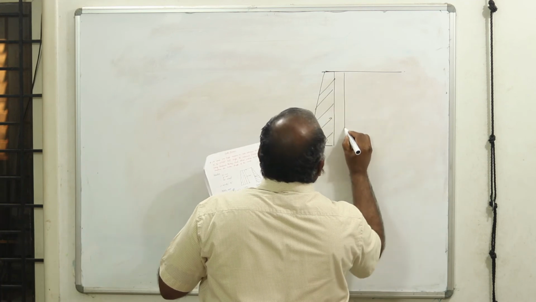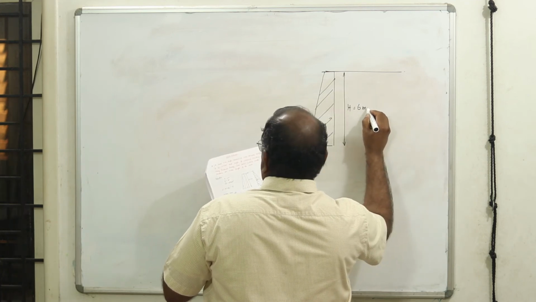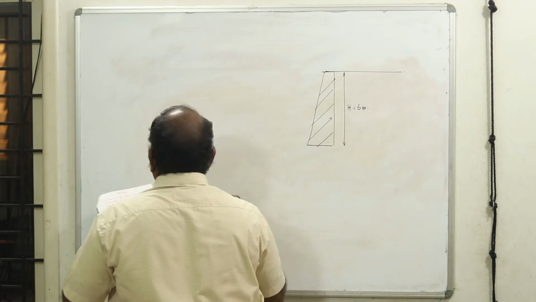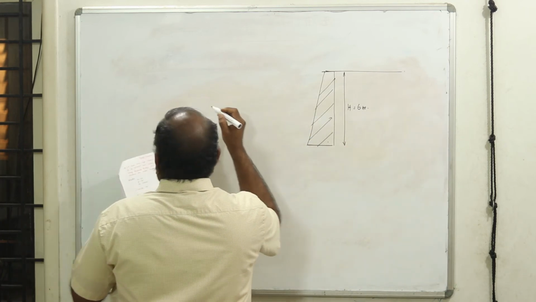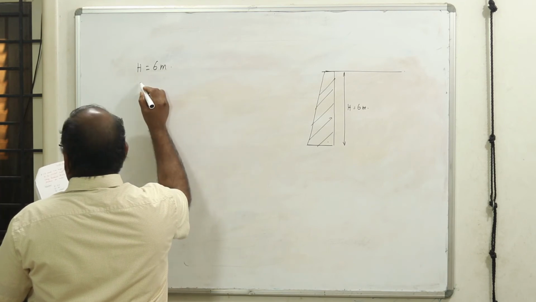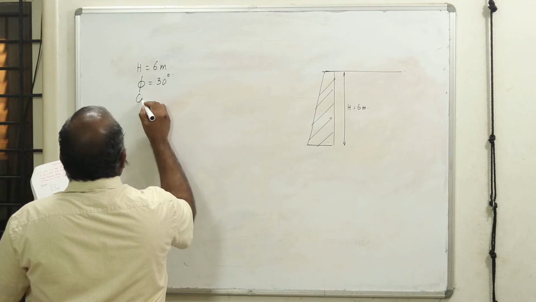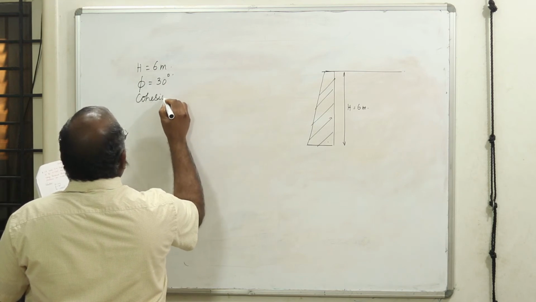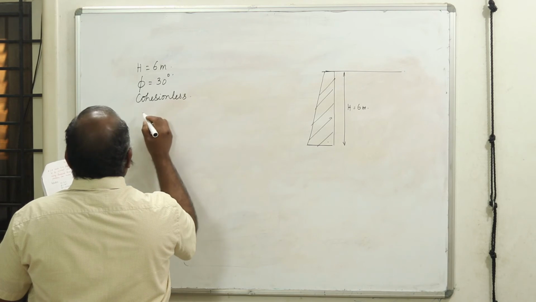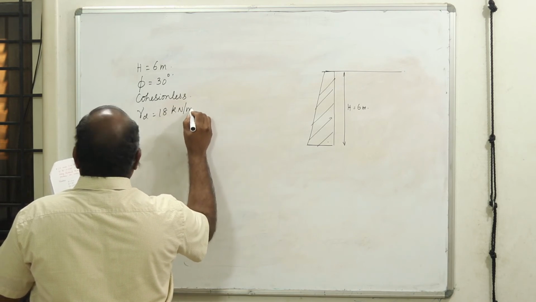Now the height is H equal to 6 meters. The backfill has phi equal to 30 degrees, the soil is cohesionless, and gamma D is equal to 18 kilonewton per meter cube.